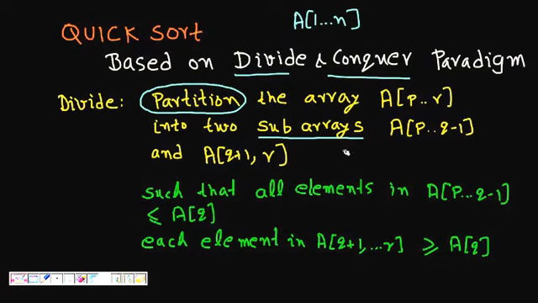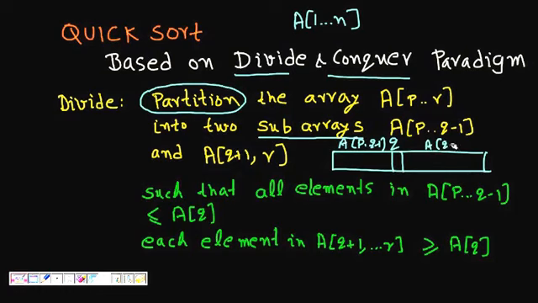So we somehow divide the array into two parts, and they are not equal. We have a qth element, and this is A[p..q-1] and this is A[q+1..r].